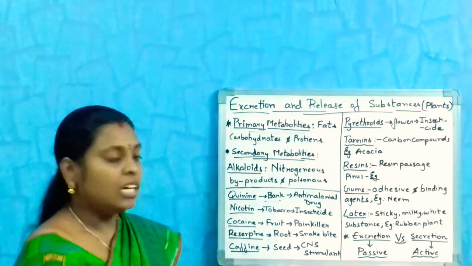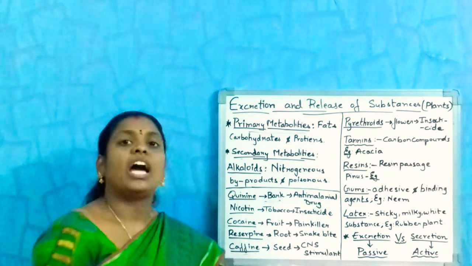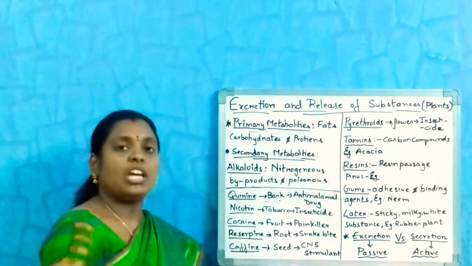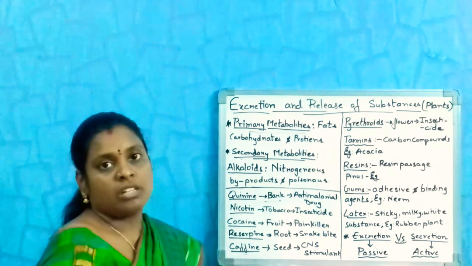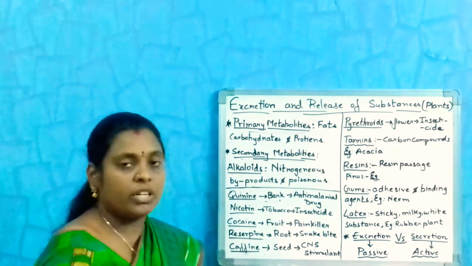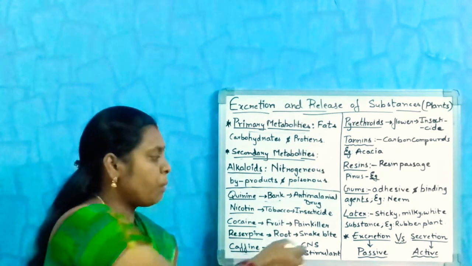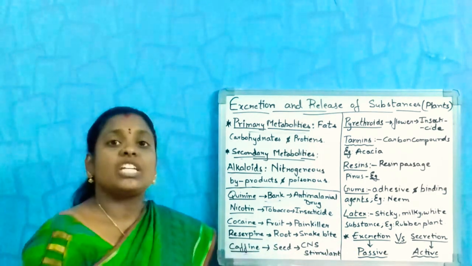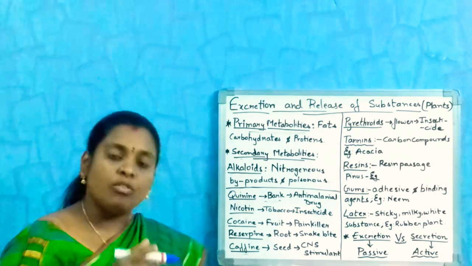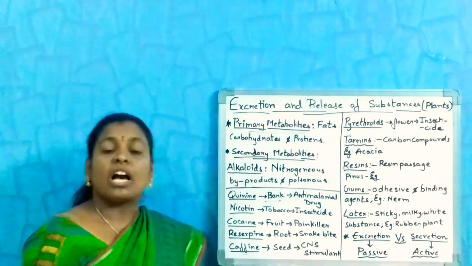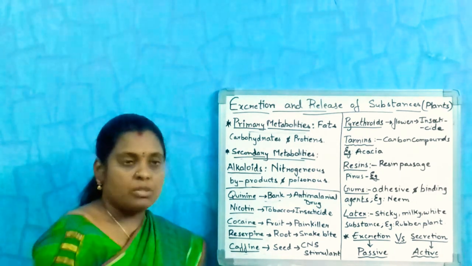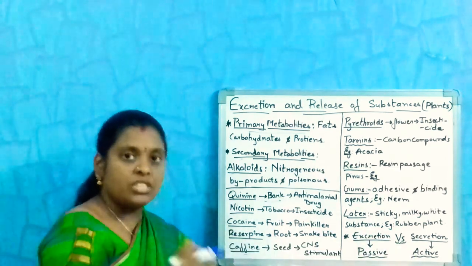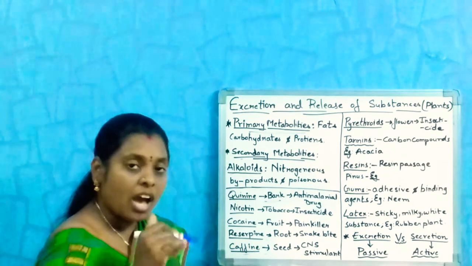So this is the difference between excretion and secretion. Excretion is passive in nature. Here both are important, but it is passive, nothing but waste. Whereas secretions are active. They are helpful for the plants also, other organisms. So in this way, excretion and secretion are helpful.